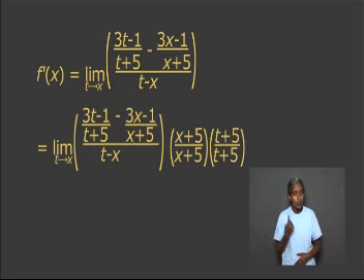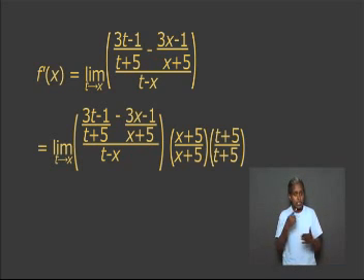We multiply the expression by (t plus 5) and (x plus 5) in order to eliminate the upper denominators.